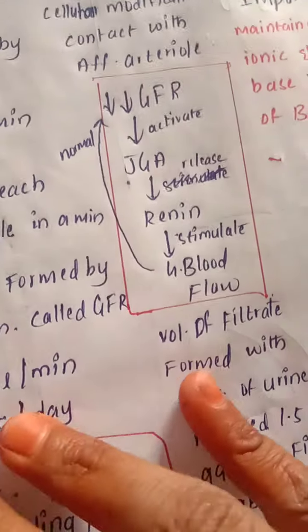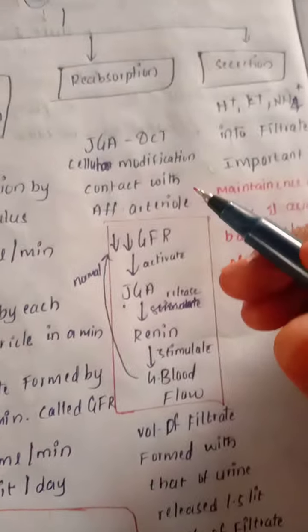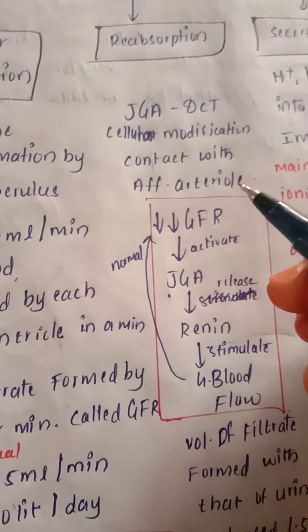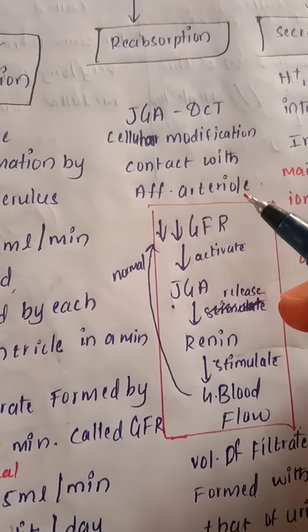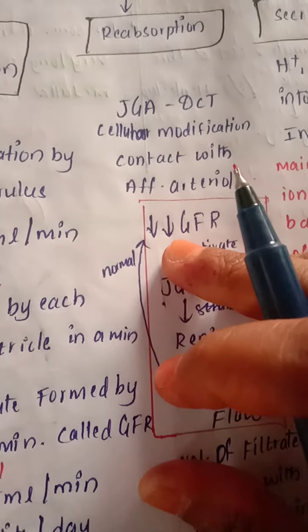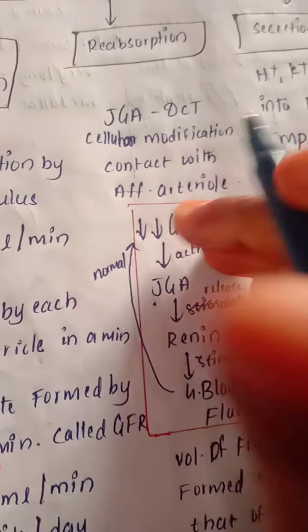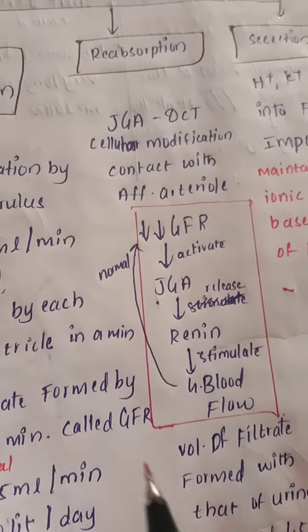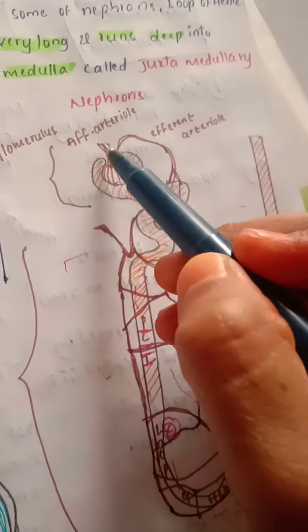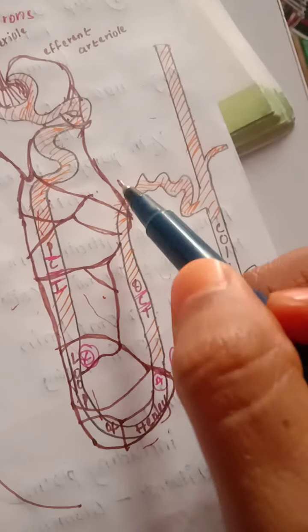Let us discuss reabsorption. Reabsorption is regulated by the juxtaglomerular apparatus. What do you mean by the juxtaglomerular apparatus? The juxtaglomerular apparatus is a cellular modification of the DCT. It comes in contact with the afferent arteriole. So this is the arteriole, and it comes in contact with this DCT.